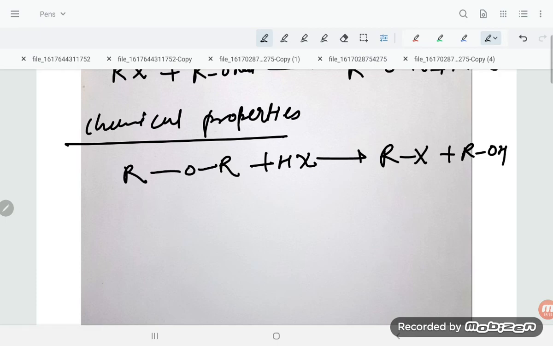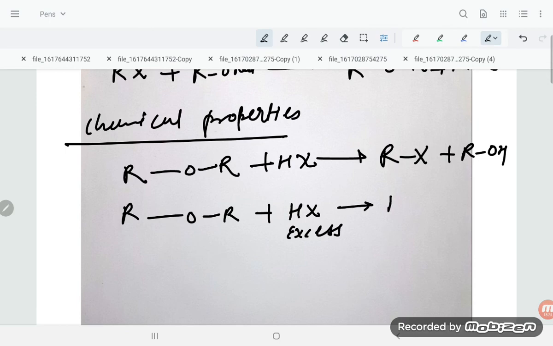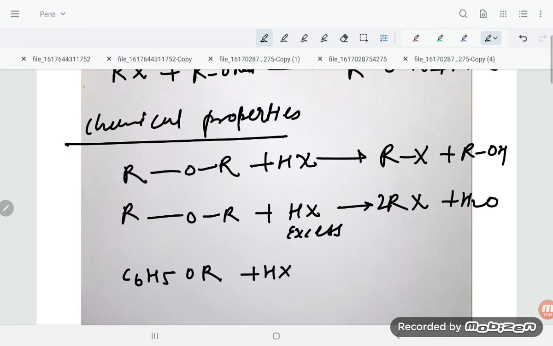Another, we have ROR, and if you are treating with HX in excess, it will give 2RX plus a water molecule. Suppose it is an aromatic ether, C6H5OR, and you are treating with HX, it will give phenol, that is C6H5OH, plus RX, student.